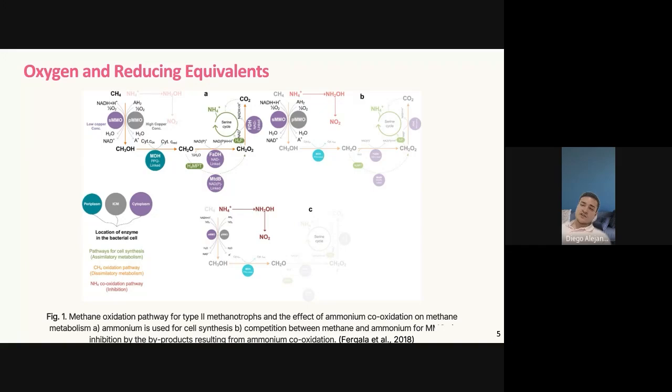C. Inhibition by ammonium co-oxidation products. The oxidation of NH4+ produces hydroxylamine and nitrite, which can be toxic to the cell. Next.